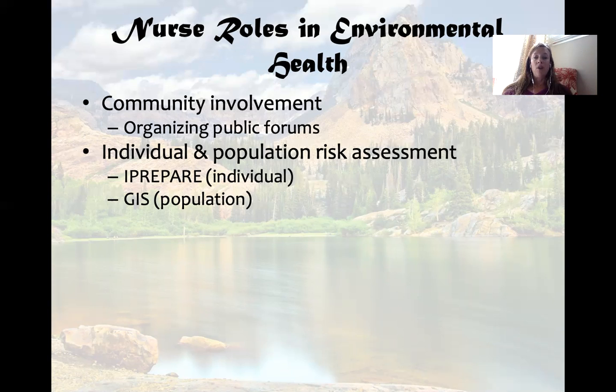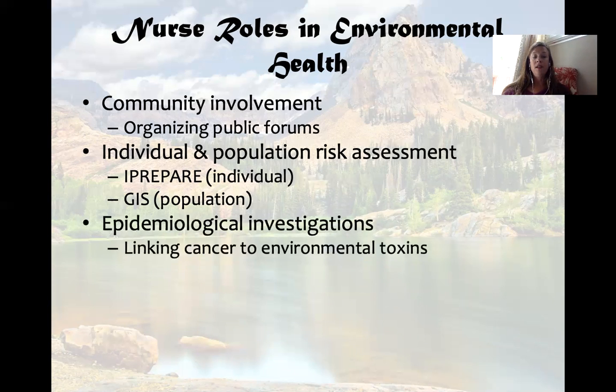We already talked about assessing either the individual, or when you're assessing the population, that's when you're looking at geographic information system data, when you're looking at the mapping. Epidemiological investigations use that GIS data to look at specifics. So when I had that link earlier for GIS, there was an article talking about how different groups have been able to see different types of cancers in certain regions that are popping up in hotspots.